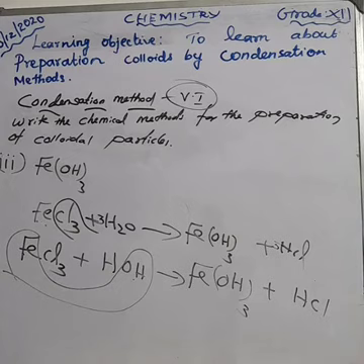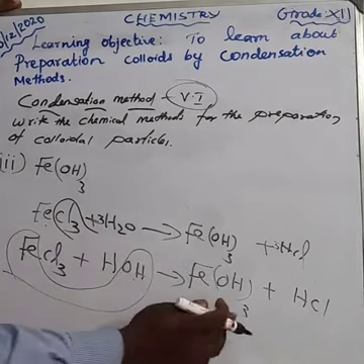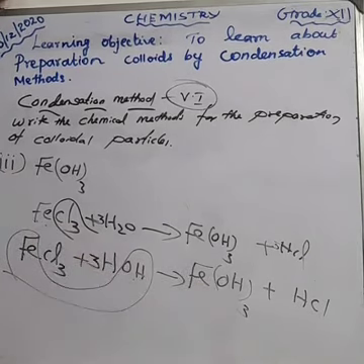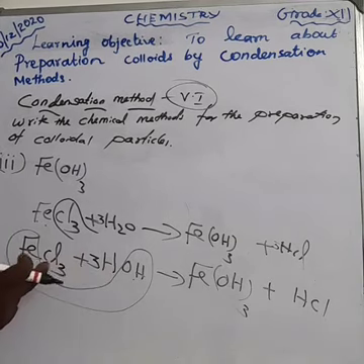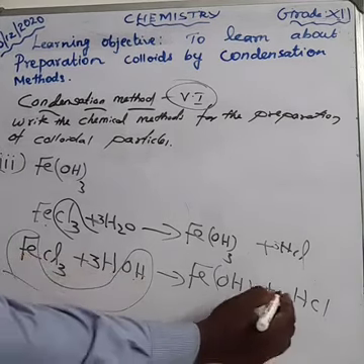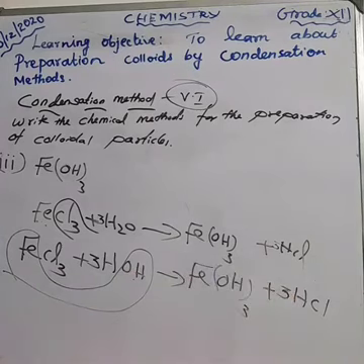So, how can you balance the equation? Fe combines with OH thrice, so we make it 3 here. The 3 hydrogen combines with the 3 chlorine, we get 3 HCl. Can you write the equation?